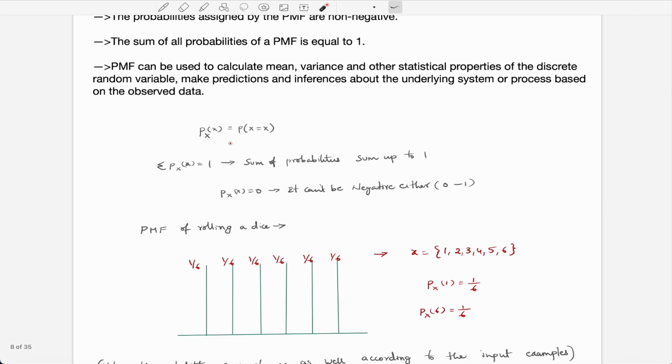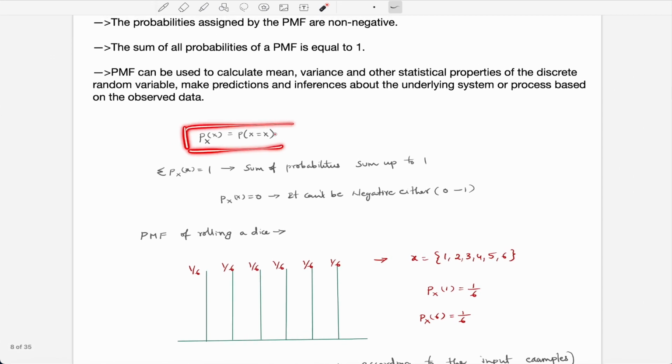Okay. So we have a probability mass function, P of big X, and we have a small x, which is equal to the probability that X is equal to x. The summation of the probability mass function over x is equal to 1, meaning the sum of all probabilities is equal to 1, as I said.